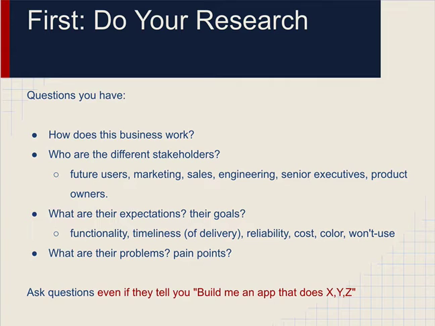What is the actual problem that you're having that makes you think this is the right answer? Because maybe you can come up with a better solution than they think. So don't just take what they suggest as the thing that you have to do. You can work with them and come up with maybe a better solution.